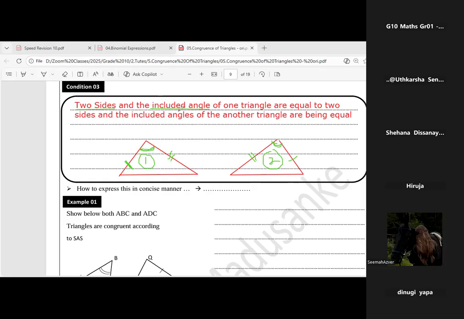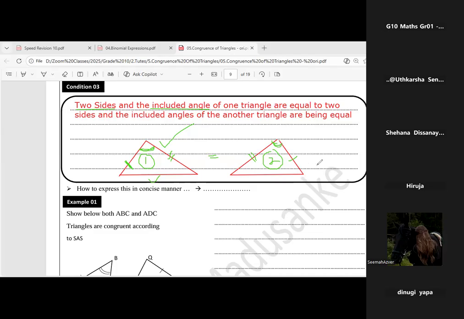In this case, two sides and the included angle of one triangle are equal to the same two sides and the included angle of the other triangle.